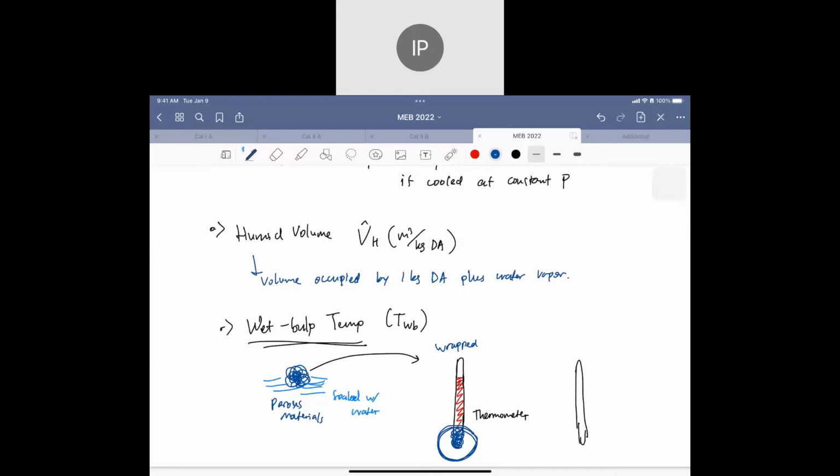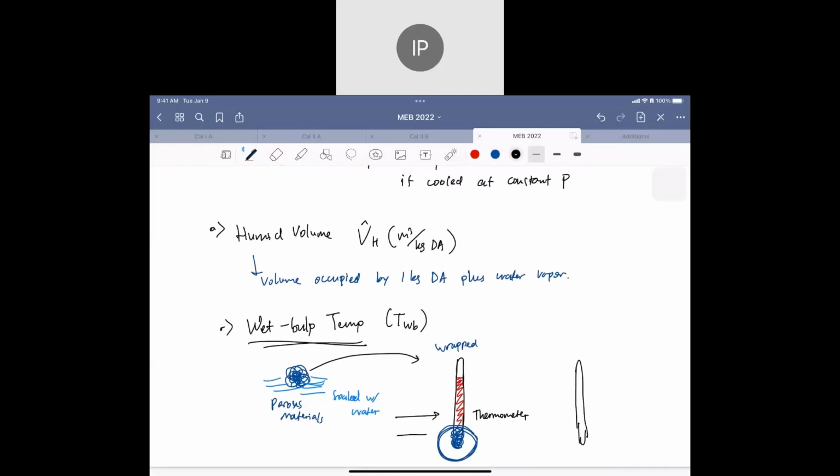So the evaporation of water from the porous materials will be accompanied by heat transfer from the bulb, and then it will cause the change or drop in the bulb temperature, and that's the reading. So the reading is going to be lower.